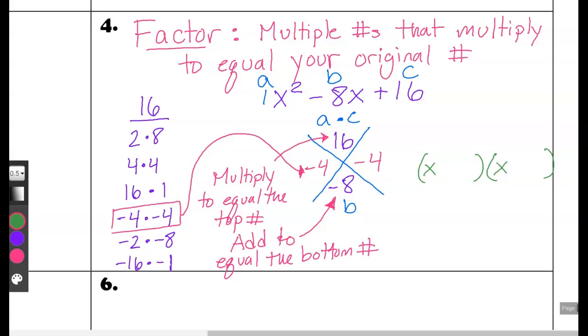So right now what I have written is parenthesis x blank and parenthesis x blank and parenthesis. What do you think goes in those blanks? Oh my gosh, the sides of our x. The negative 4 and the negative 4. So now I have parenthesis x minus 4 and parenthesis x minus 4 and parenthesis, and I'm done. These are the factors of the quadratic.